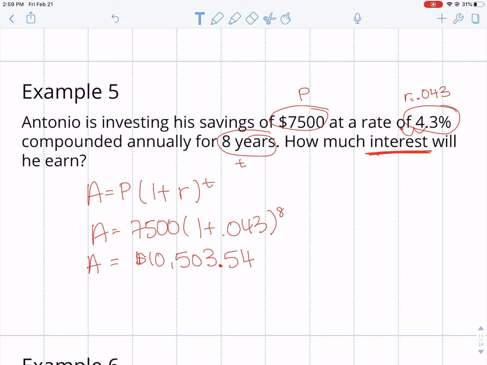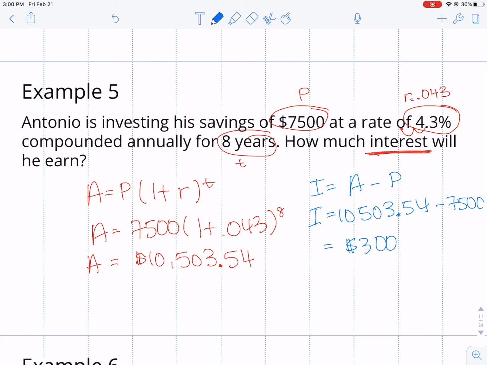Okay. So now if I wanted to find out the interest, I would do A minus the principal. So it's going to be 10,503.54 minus the 7,500. And if you subtract that, that gives you $3,003.54 as just the interest.